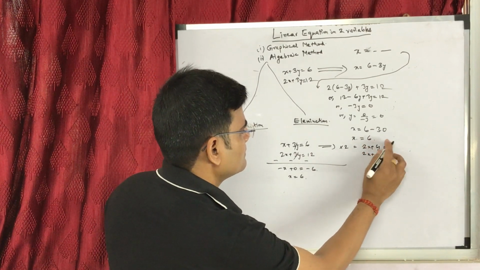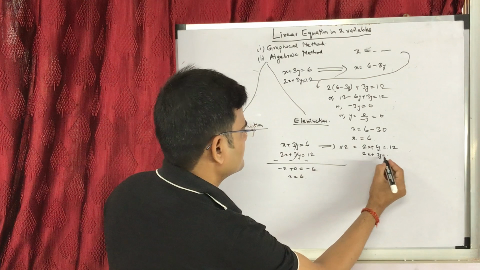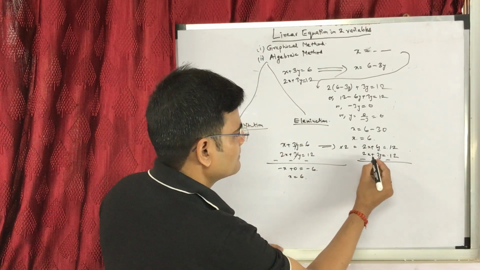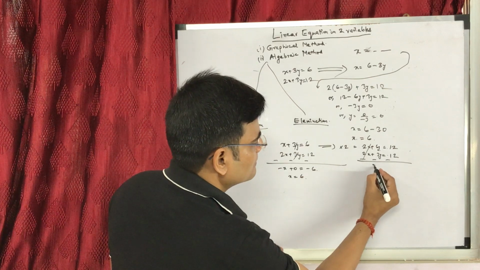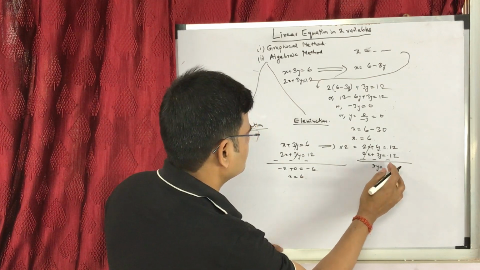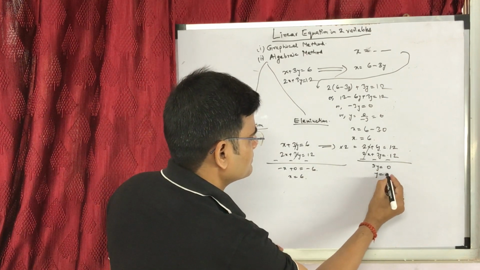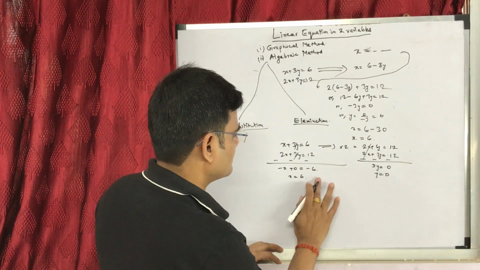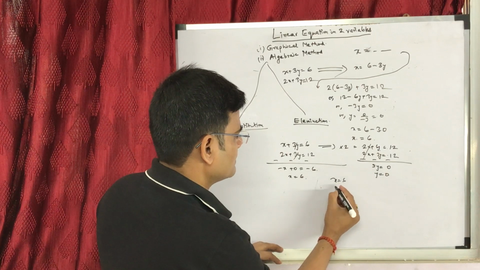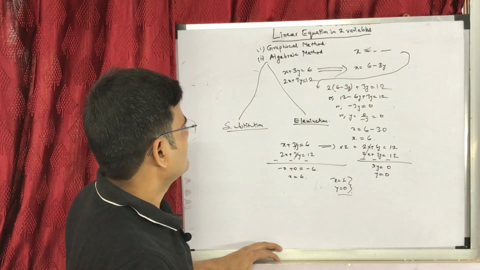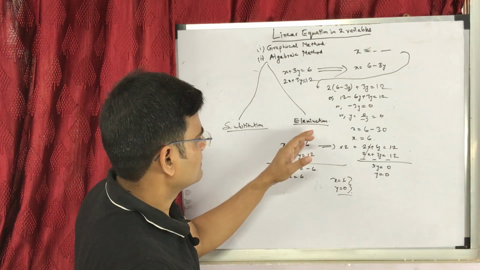Now subtract again. This time x gets cancelled and you are left with 3y equals 0, y equals 0. So x is 6 and y is 0. So this is how you solve by elimination method.